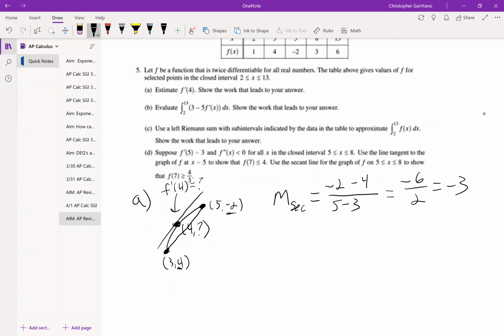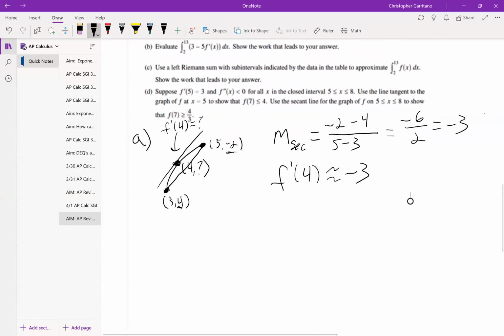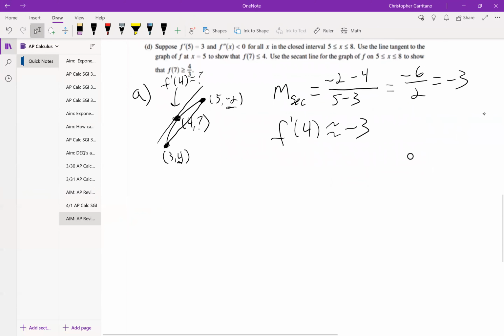Okay, and so like I said, yes, my diagram is showing positive slopes when they should be negative, but this diagram is simply so you get the idea. So we would say that f prime of 4 is going to be approximately -3. And that would be that answer.